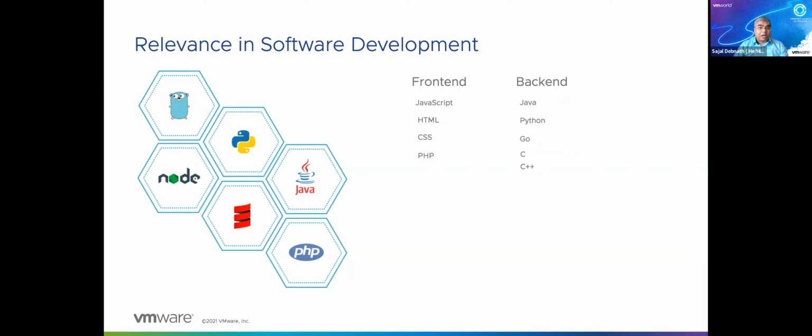Now we utilize multiple different languages to develop different parts of an application. So typically for front-end development, we use JavaScript or HTML, CSS, or PHP, whereas backend relies on Java, Python, Go, C, C++, or a mix and match of all of these. So that's how polyglotism in software development environment today is implemented.